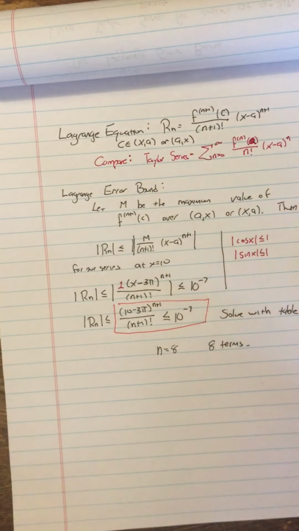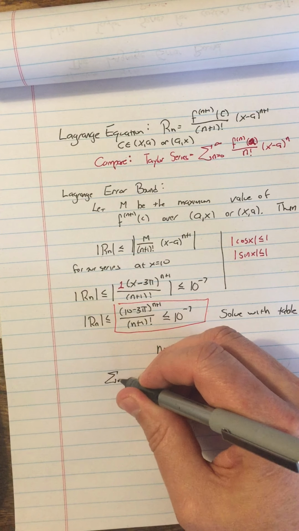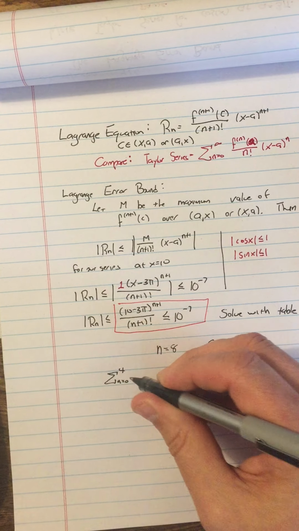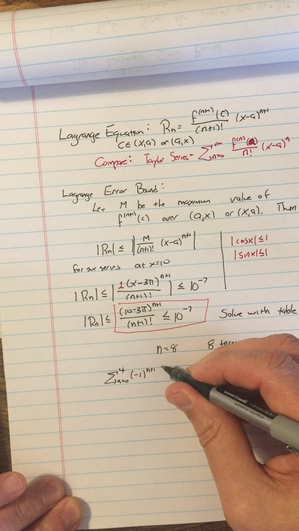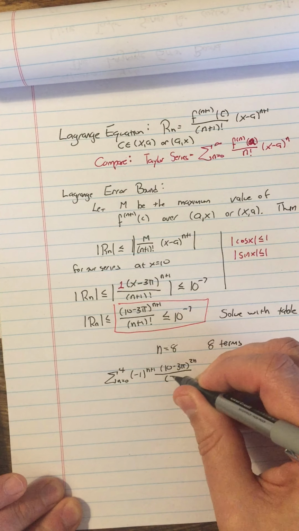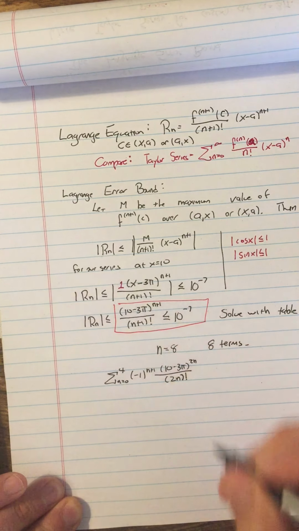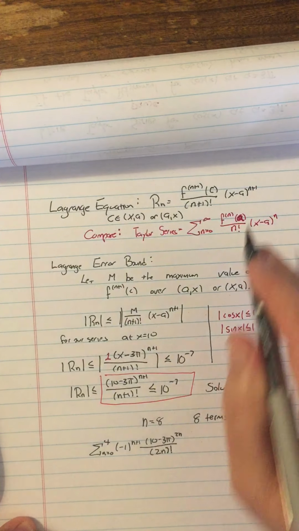So our 8 terms is really the sum from n equals 0 to 4 of negative 1 to the n plus 1 times 10 minus 3 pi to the 2n over 2n factorial. Right, because that will get us to the 8th power, which is really what we're talking about.